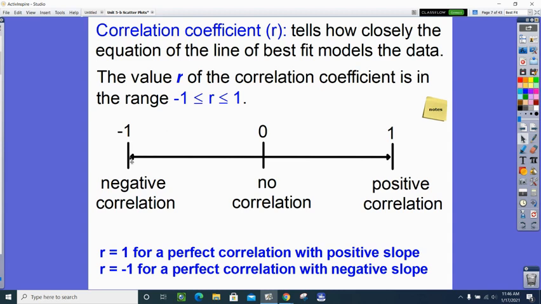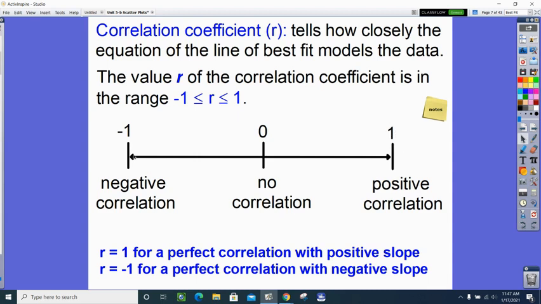greater than or equal to -1 and less than or equal to 1. So there'll never be a correlation coefficient of 2 or -1.10 or 100. It has to be in between the numbers -1 and 1 inclusively. Basically, if all your points fell on a positively sloped line, every single one, that's a perfect positive correlation, and the correlation coefficient would be 1.